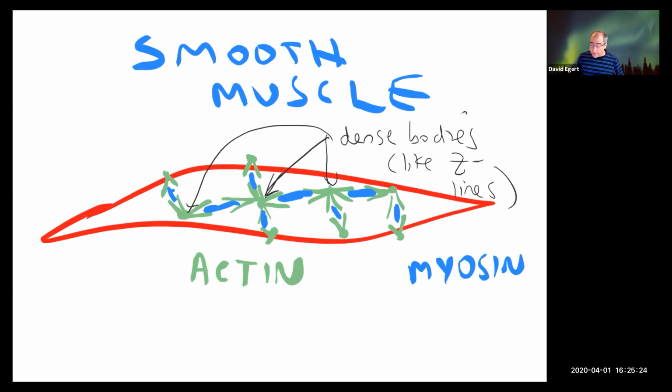So if the myosin is grabbing on the actin, all these dense bodies are getting pulled in, and this whole cell is getting squished in. So the smooth muscle cell does not look striated or striped, because you don't have that linear alternating arrangement of actin and myosin.